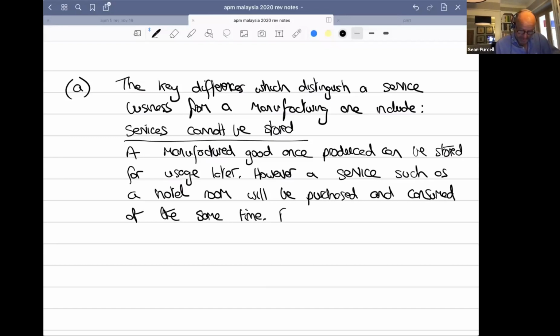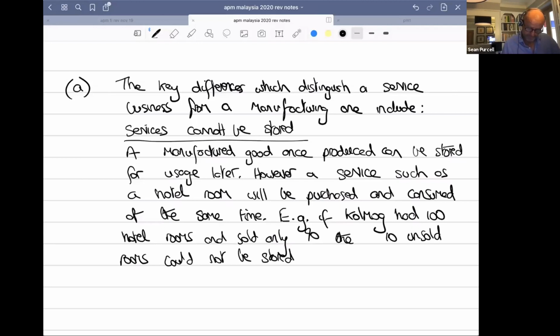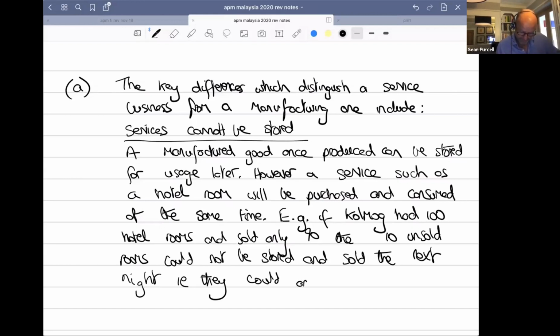E.g., if Colmog had 100 hotel rooms and sold only 90, the 10 unsold rooms could not be stored and sold the next night, i.e. they could only sell 100 rooms.